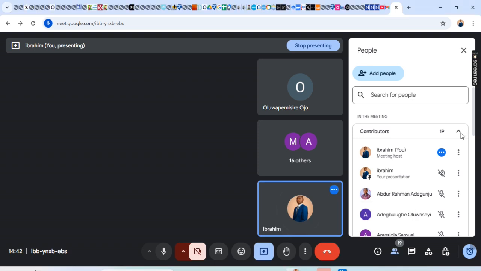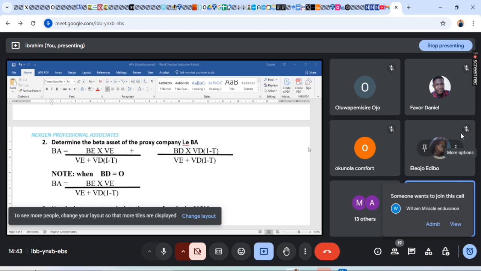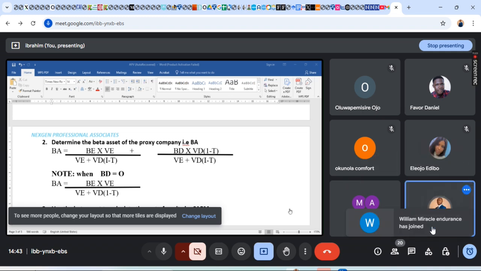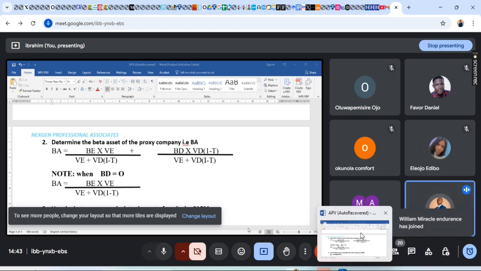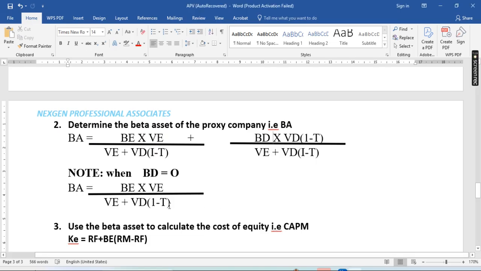There's no place they mentioned the debt beta of the proxy company. It wasn't mentioned anywhere here. So in this case, we move on. Our debt beta will be equal to 0. So we are using this.